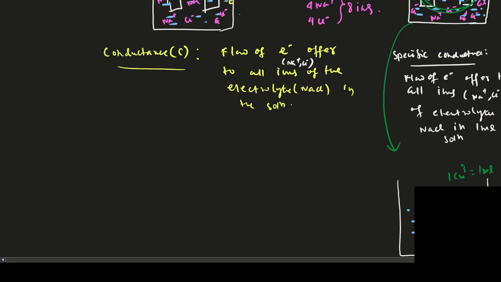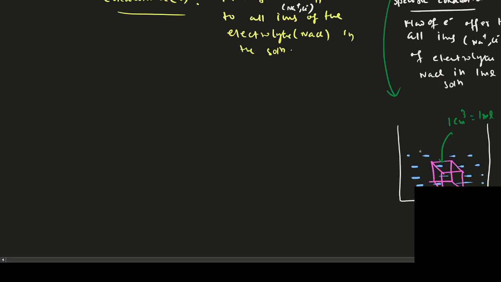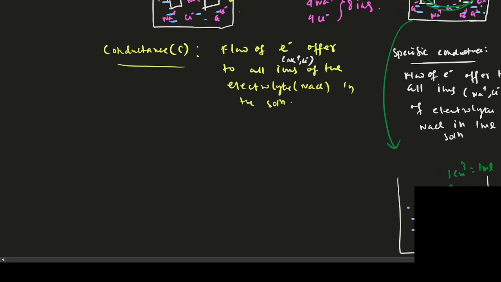The electrolytes will be spread in the same manner as they are spread. Let's say Cl minus is here, Na plus is here, Na plus is here, Cl minus is there, Na plus, Cl minus.